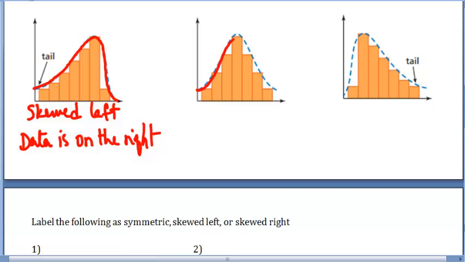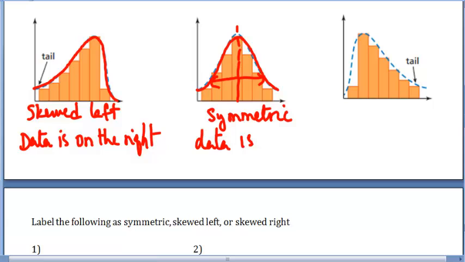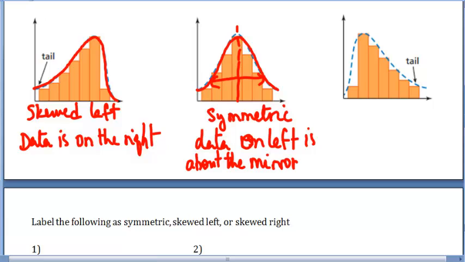In this case, if you draw that line, it's a nice neat little bell shape, and we call this symmetric. If you cut it up like this, isn't there an equal number on both sides? The data on the left is about the mirror image of the data on the right.